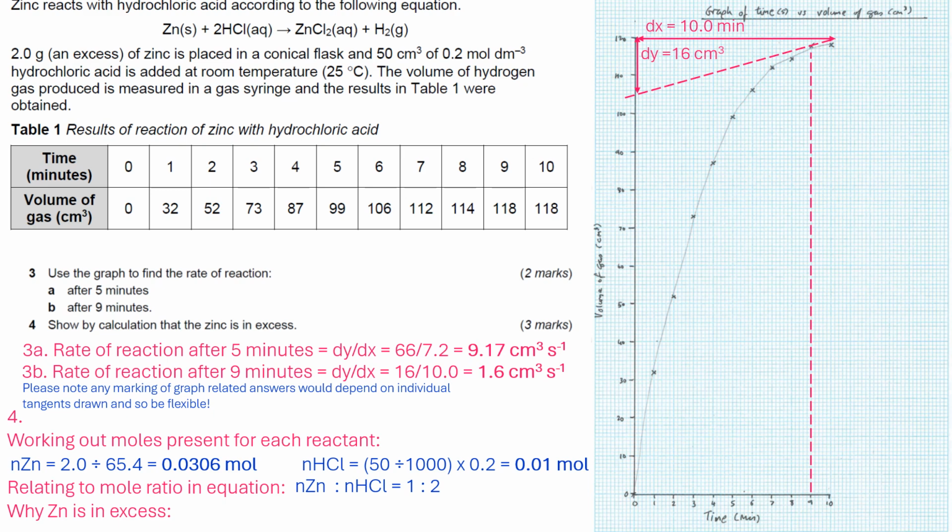Looking at the equation, you can see that it's a 1 to 2 mole ratio between the zinc and the HCl. So the zinc is in excess because the zinc that would be required to react with 0.01 moles of HCl would be 0.005 moles, which is significantly less than the 0.0306 moles of zinc available.